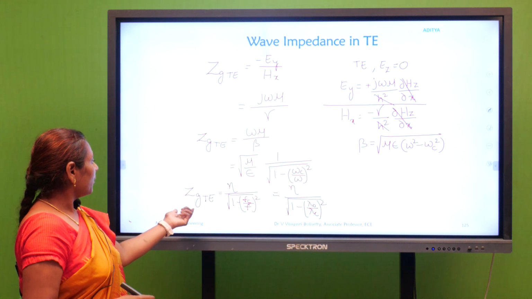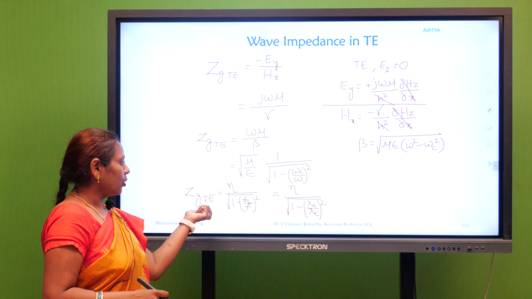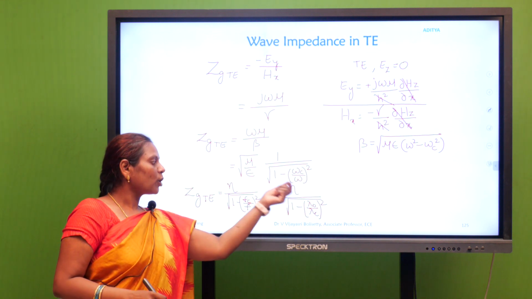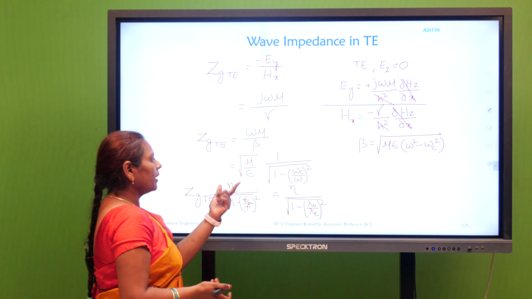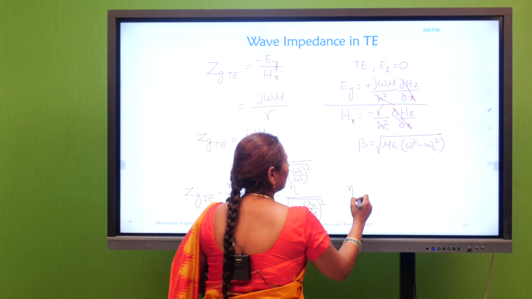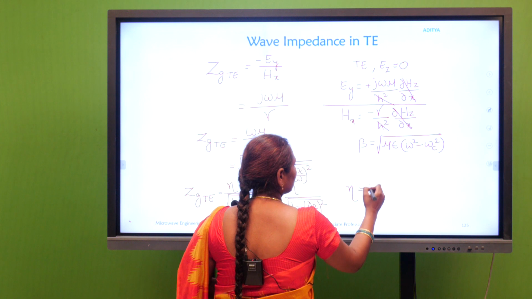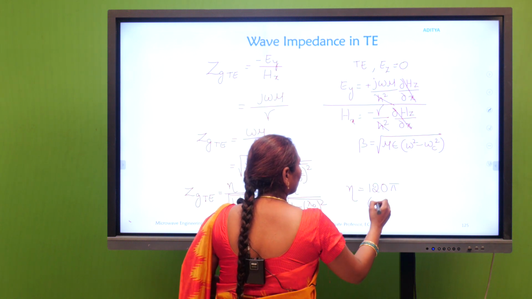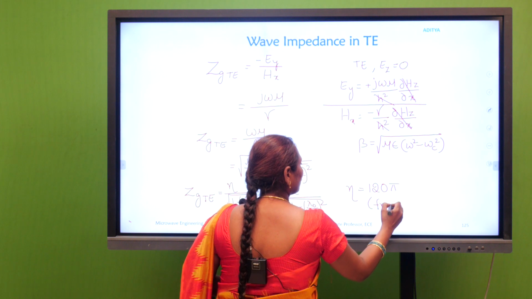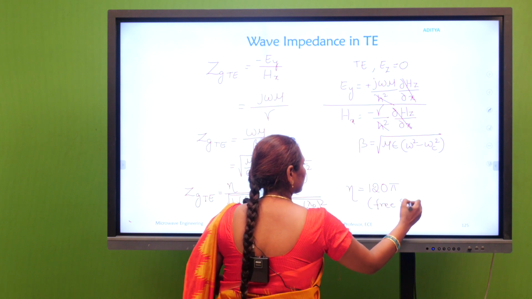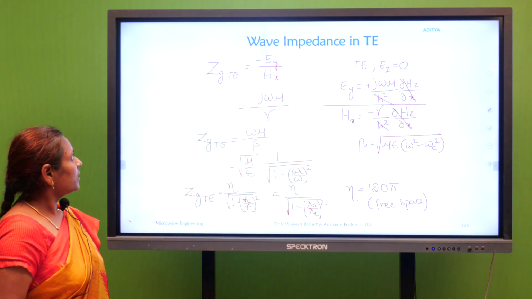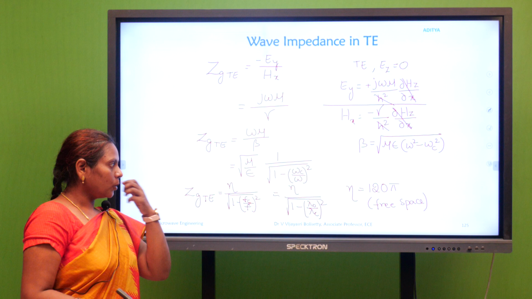So, this is the wave impedance in TE mode. ZGTE is equal to eta by root 1 minus lambda naught by lambda c whole square. Again here eta is the intrinsic impedance or free space impedance. So, eta is equal to 120 pi for air or free space medium.